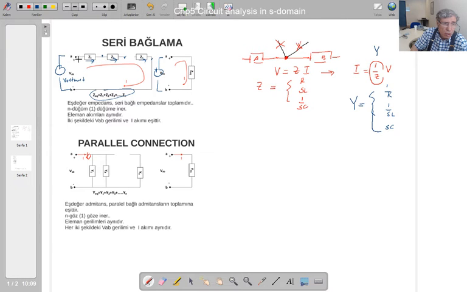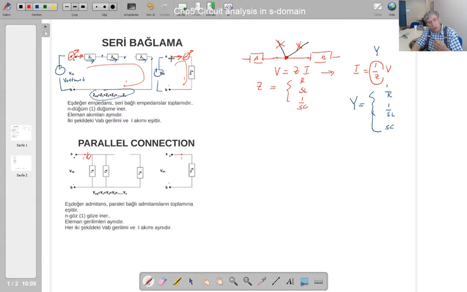Similarly, this current here and this current here, if you put an ammeter here to measure that current and an ammeter here to measure the current, those two currents are going to be the same.